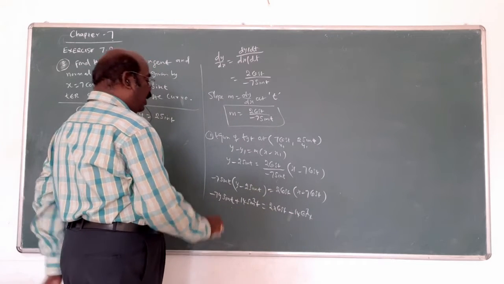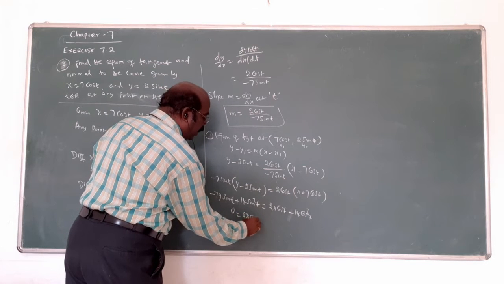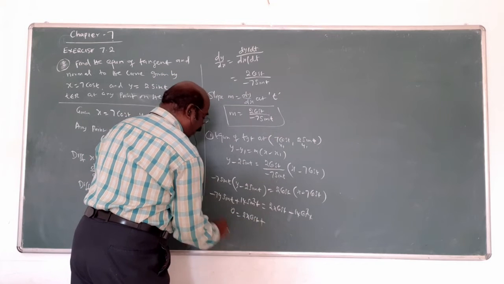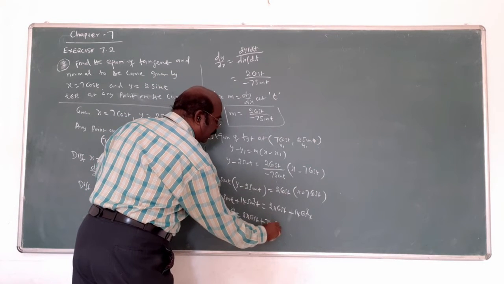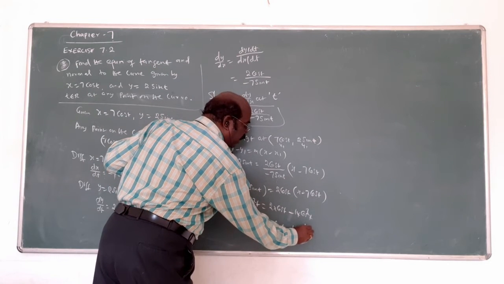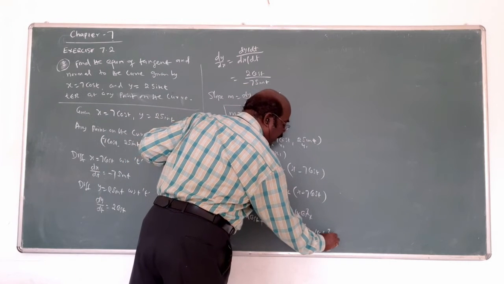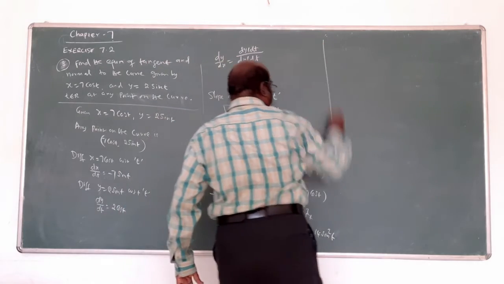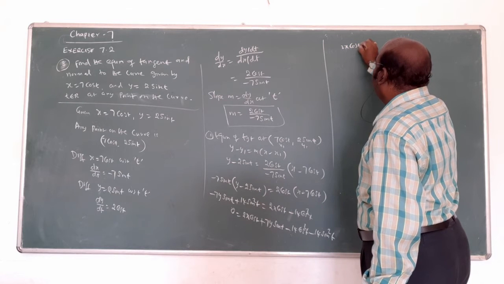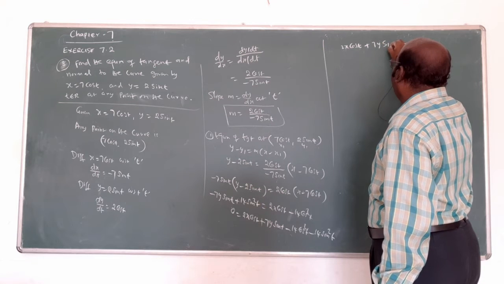Am I right? Arrange everything on one side. 0 is equal to 2x cos t plus 7y sin t, and already minus 14 cos square t, minus 14 sin square t is there.